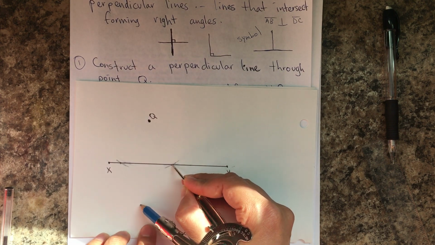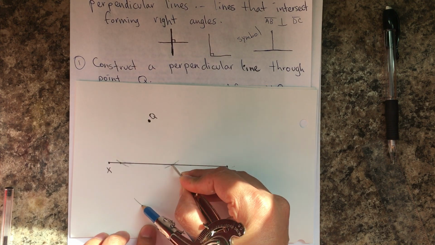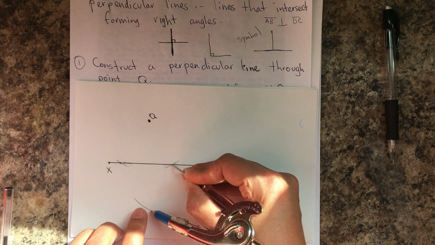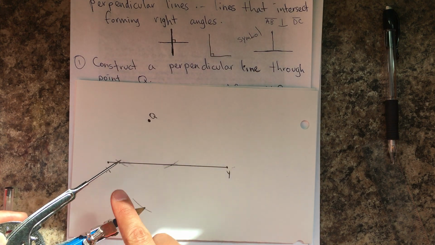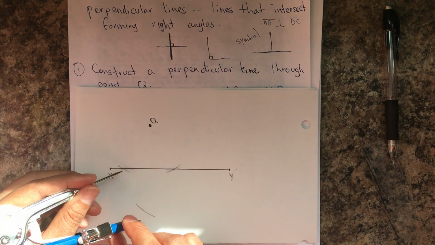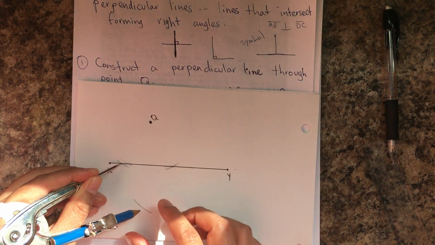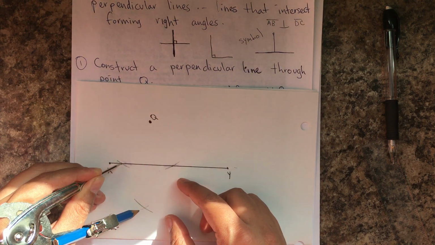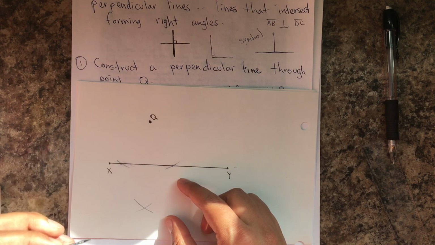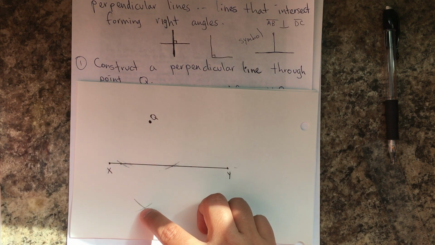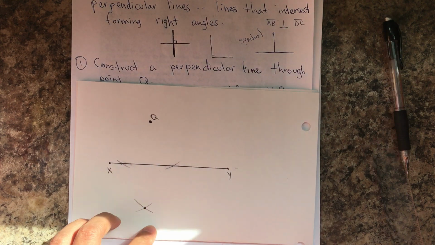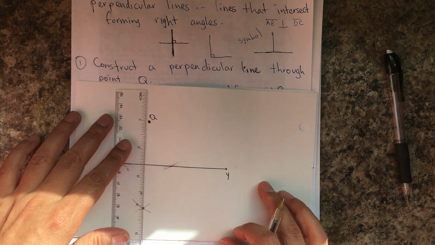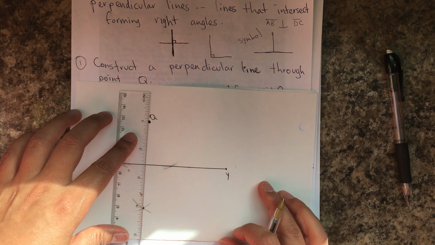Then on the other side of the line, you mark an arc, and without opening or closing the compass, you do the same thing on the other marking. And so you get that intersection, which becomes a point where my perpendicular line will go through.